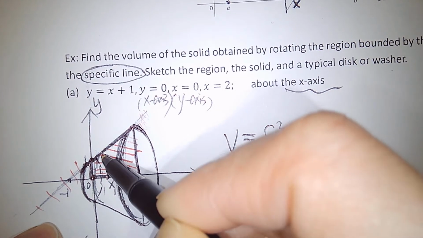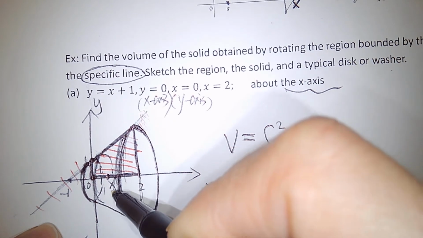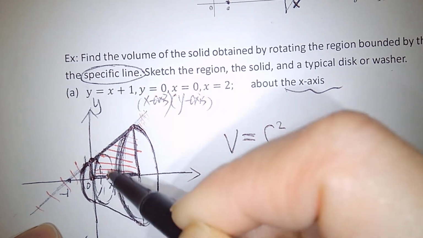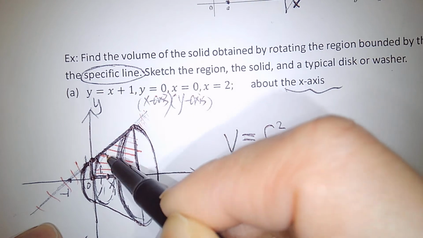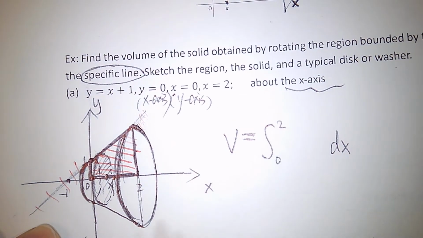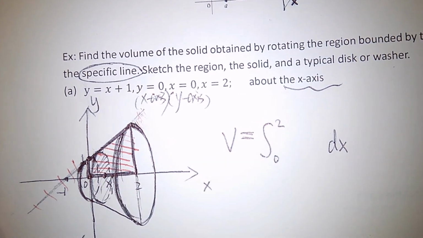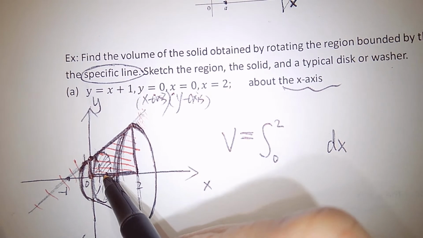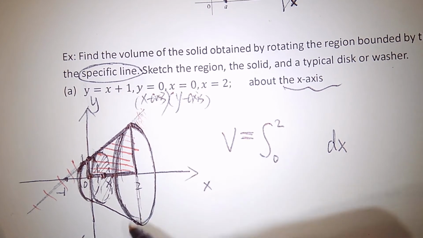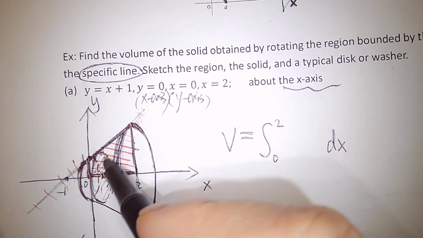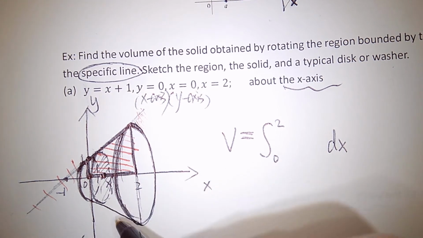What will be the intersection? What is the shape of the intersection? Can you imagine? See, this is x, so this is the center of that intersection. What shape is the cross-section going to be?